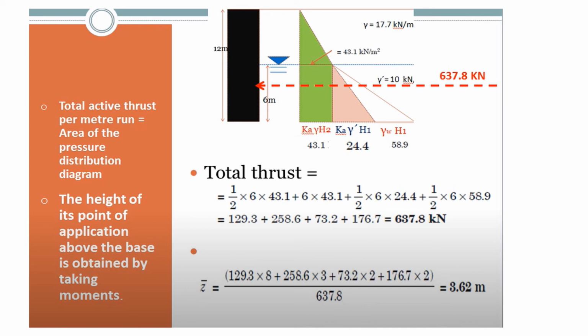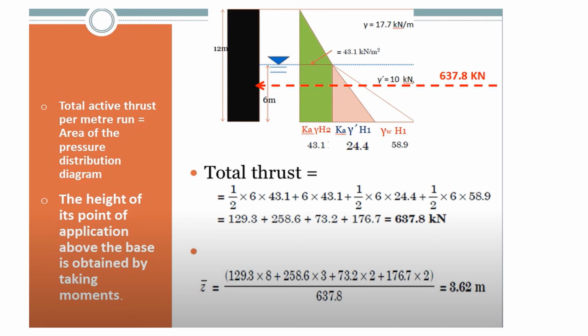Then coming to the next force, that is 258.6, that force is due to this rectangular portion, and that force will be acting at a location of h by 2 distance. For a rectangular portion, the resultant force will be acting at a height of h by 2, so 6 by 2, which will be 3. Hence 258.6 into 3, plus the next force is 73.2, due to this submerged soil condition.